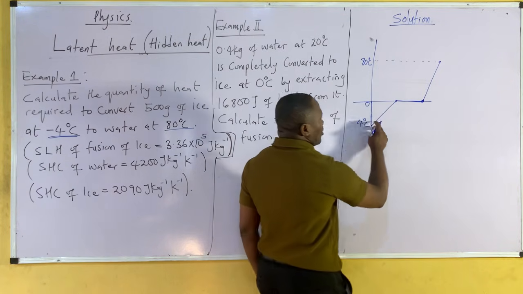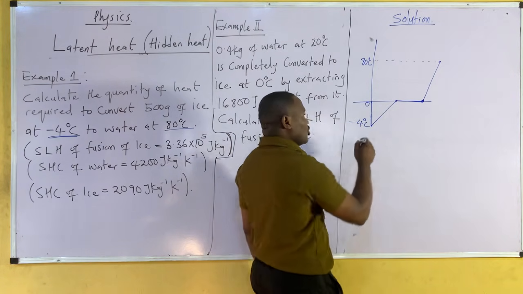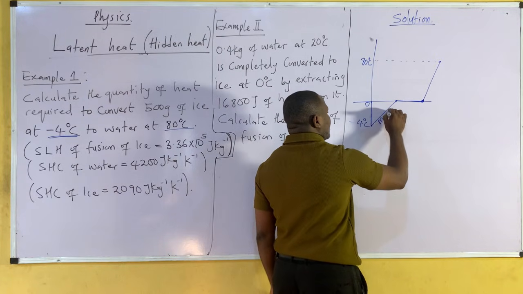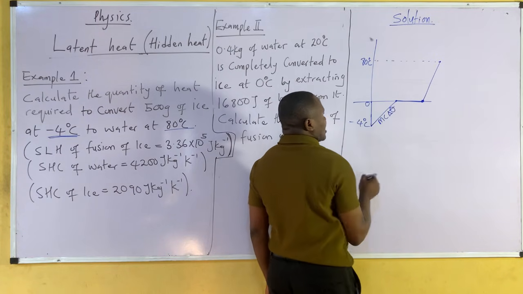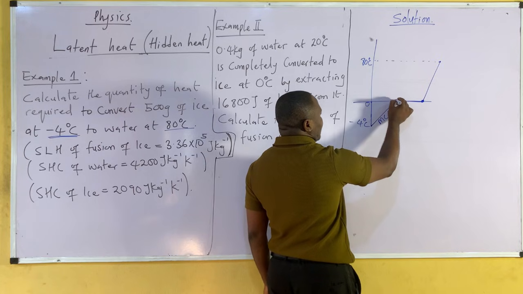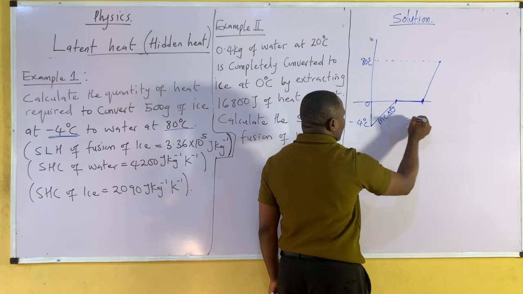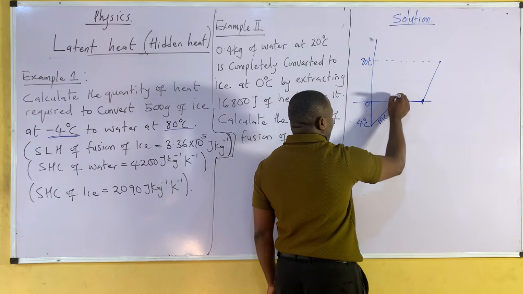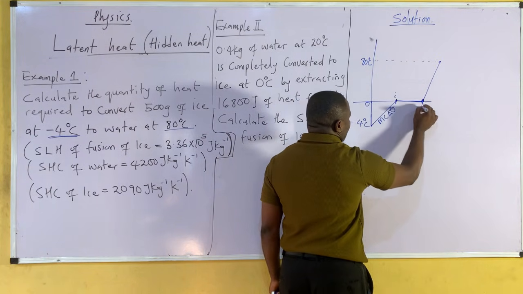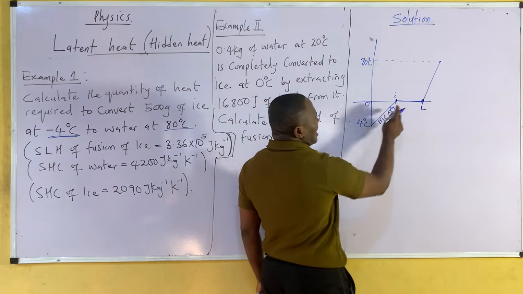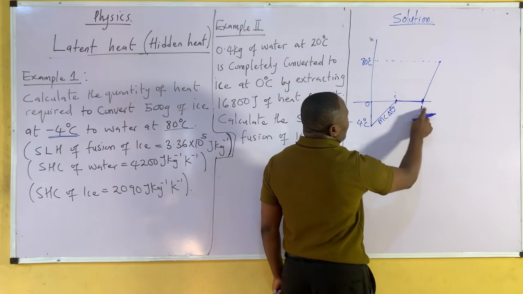What do we say occurs here? Since there is a change in temperature, what we have here is MC change in theta. Then from here, remember this place is still ice, but at this point is now liquid. Now, what happens from here to here? Melting.